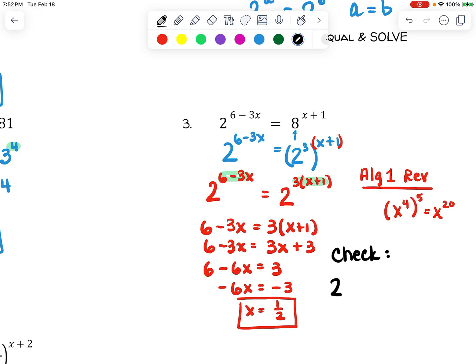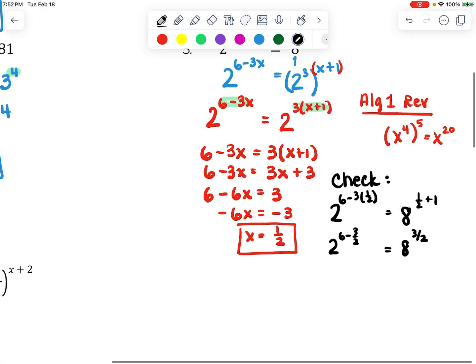So 2 to the 6 minus, this is going to be 3 times 1/2, is going to equal 8 to the 1/2 plus 1. So I'm going to get 2 to the 6 minus 3/2 is going to be 8 to the 3/2.